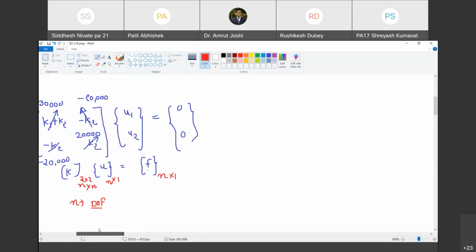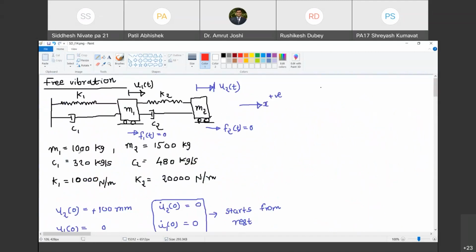Yes, sir. So though we are solving a problem based on 2 degrees of freedom, whatever we do here can be extended to n degrees of freedom. That's what I want to emphasize. Are you with me? Yes, sir. Soon you will realize that this solution itself involves so much complexity that solving a system of more than 2 degrees of freedom by pen and paper is impossible.